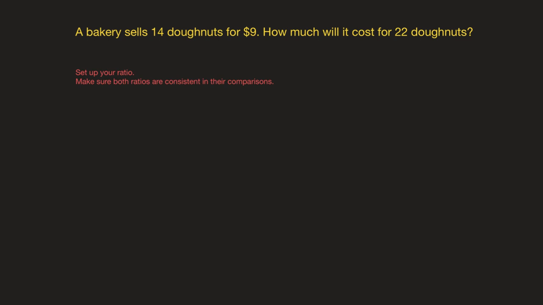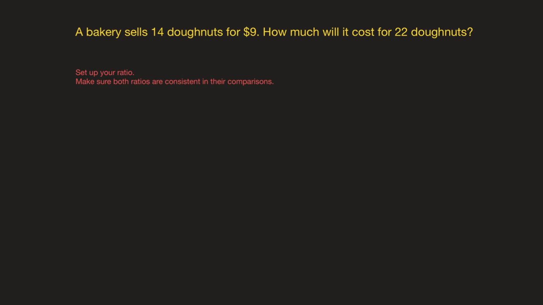Right here, a bakery sells 14 donuts for $9. How much will it cost for 22 donuts? Okay, so ratio proportion problem. I gave you a couple of reminders here. Set up your ratio. Guys, what are the two things being compared here? What do the two numbers represent? 14 and 9.